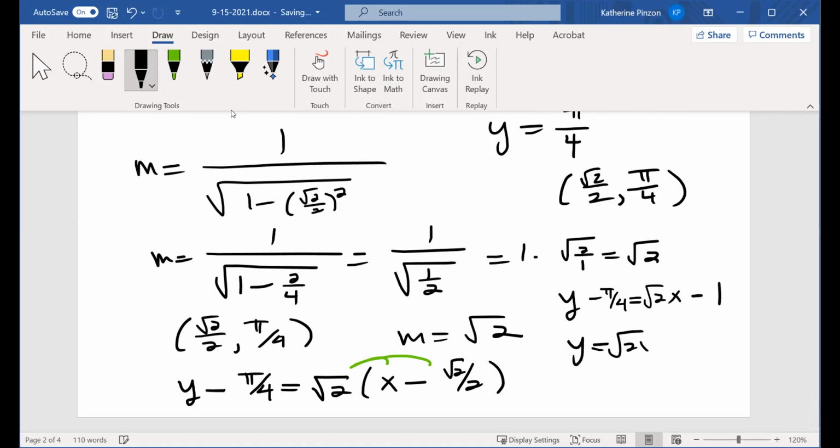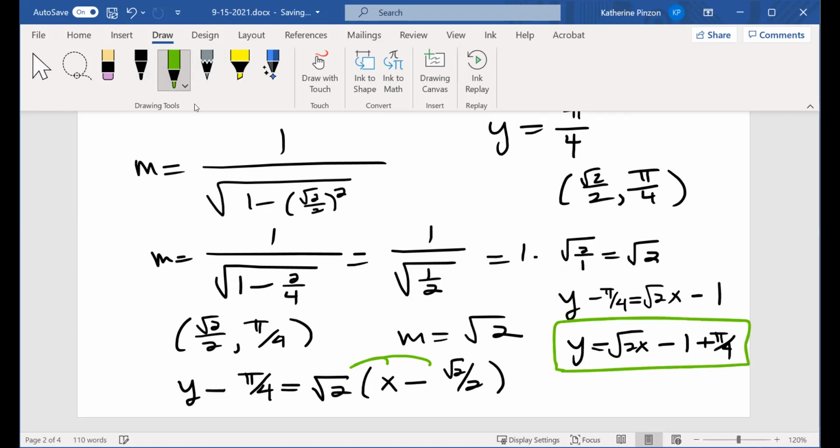Add pi over 4, so y equals square root 2 x minus 1 plus pi over 4. That was yucky. If you put decimals in there, make sure this square root only goes over the 2, not over the x. The x is not underneath the square root.